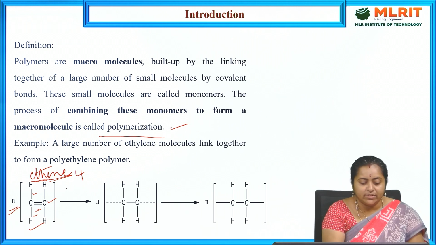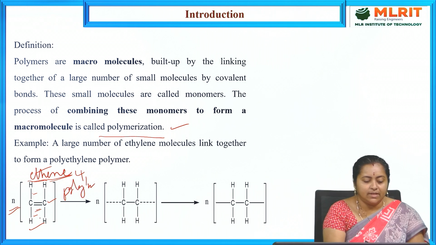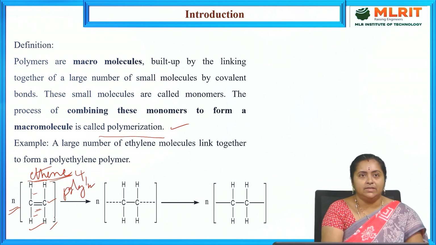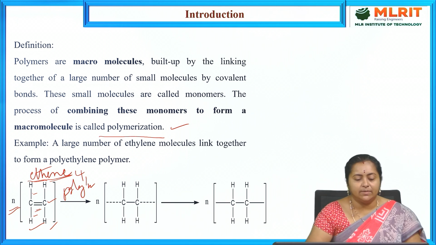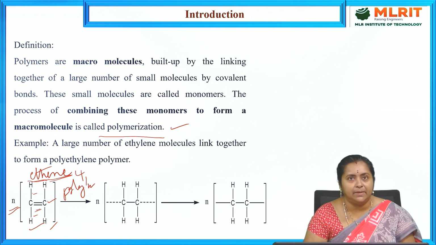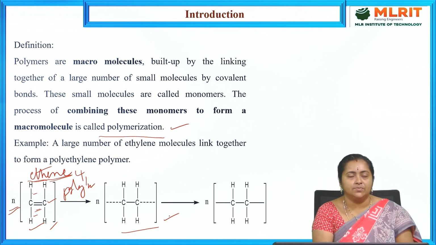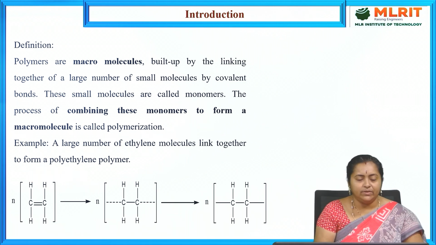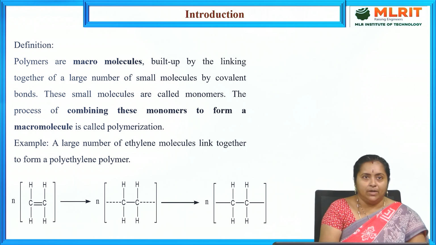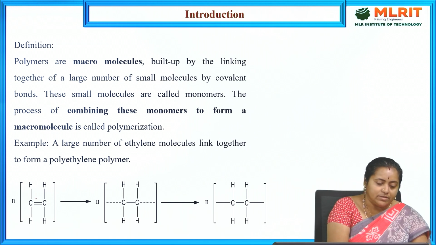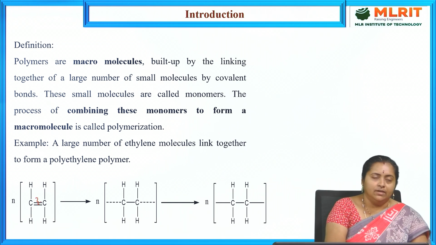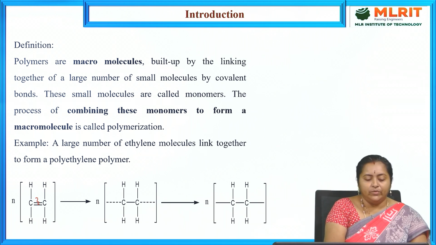If these are subjected to polymerization reaction, these are the monomers, and the monomer name is ethene or ethylene. Simply combining these monomers forms the corresponding polymer, that is, polyethylene. If you notice the mechanism during the polymerization reaction, this is what we call unsaturation. Unsaturation means either double or triple bonds are present between two carbon atoms.